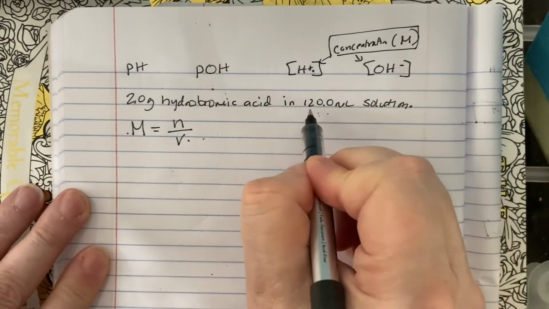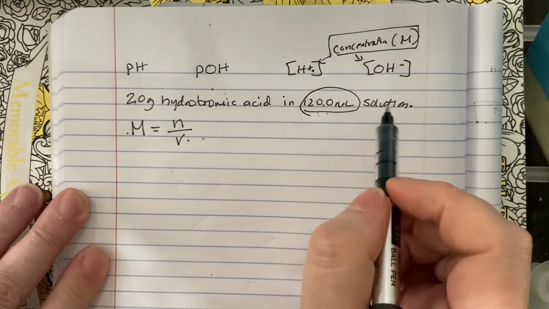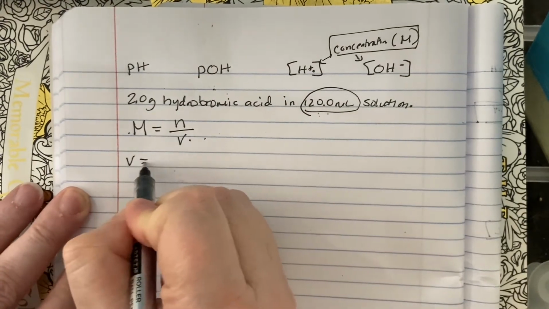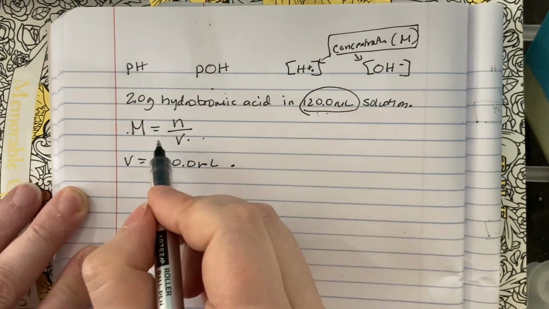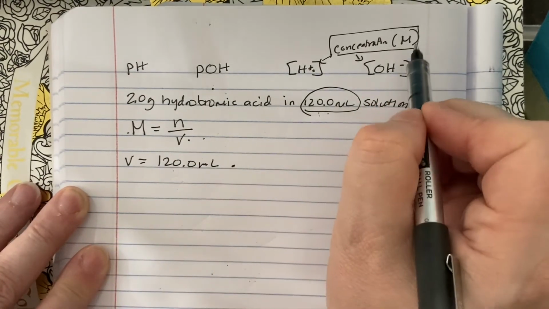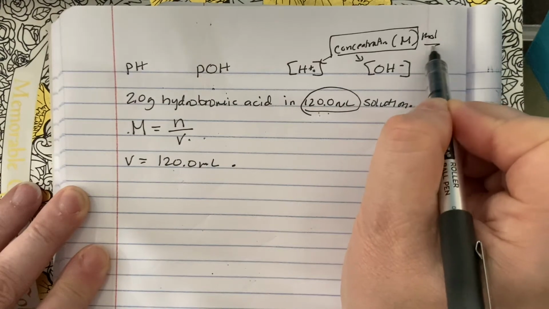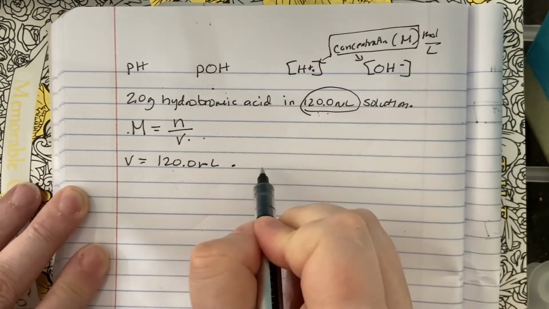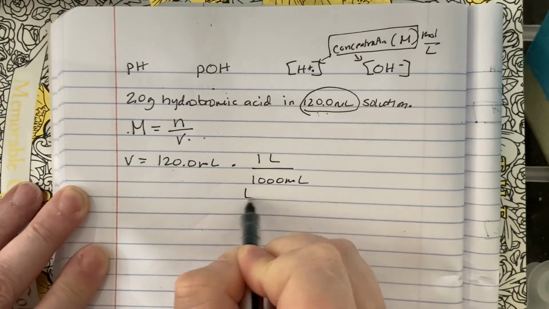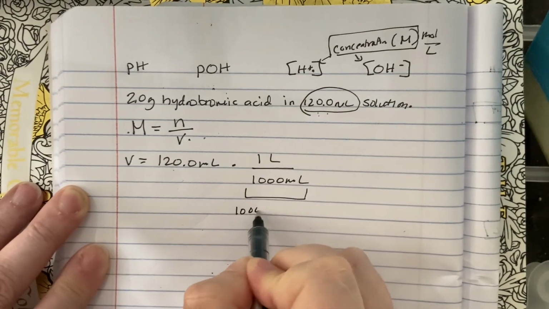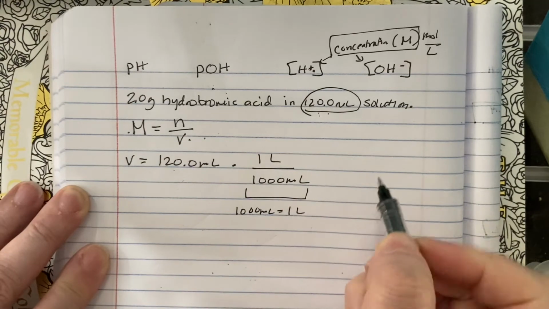So what do we have in our equation? 120.0 milliliters of solution. That's our volume. And we know whenever we're doing molarity, it has to be in units of moles per liter. So times 1 liter is 1,000 milliliters, because that's our conversion. 1,000 milliliters equals 1 liter.